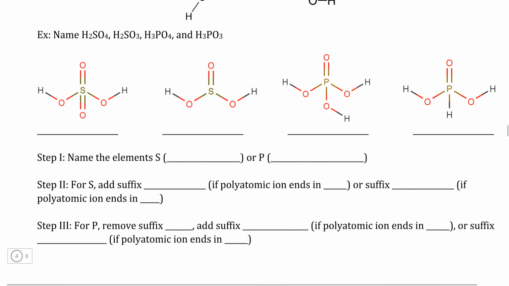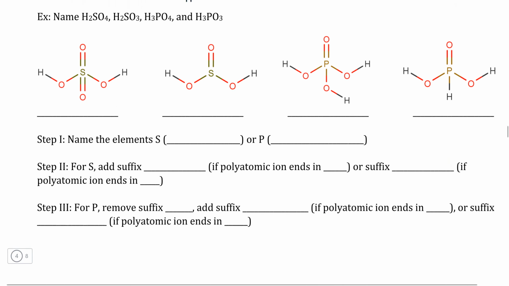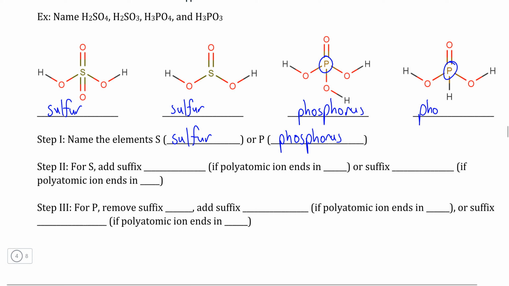Now, when we discern the name of each of these acids here, instead of naming the polyatomic ion, what we can do is name the individual elements. So, if our acid contains sulfur, we can start by using the element sulfur as the root, and likewise, if phosphorus is the central atom of our acid, we can start by using the name of the element phosphorus, because that's going to be how we modify the name of our acid.